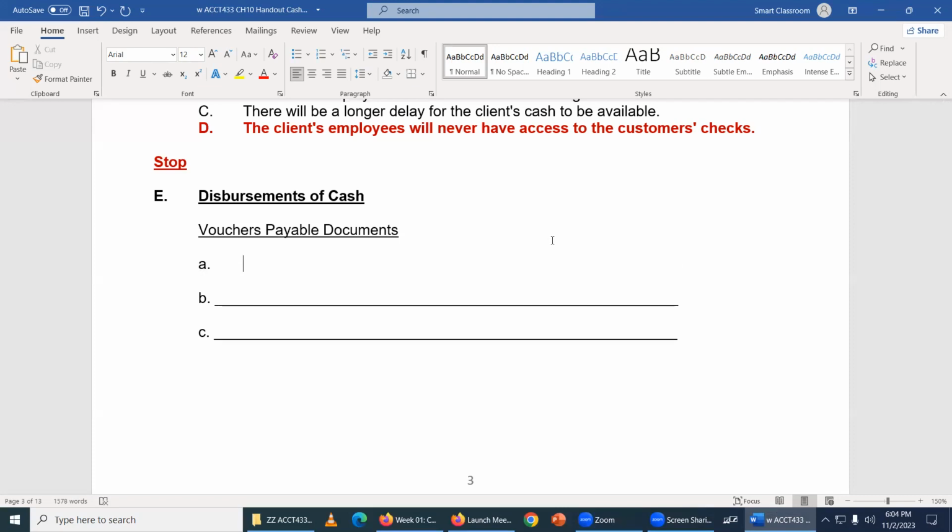First one is a purchase order. A purchase order is a document that confirms that an item was ordered.